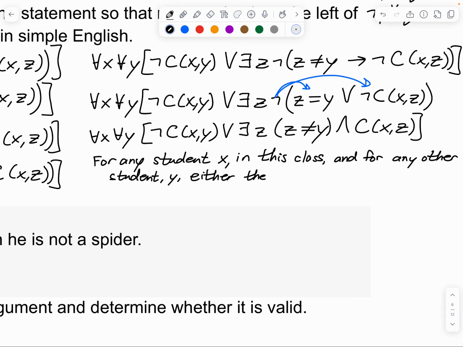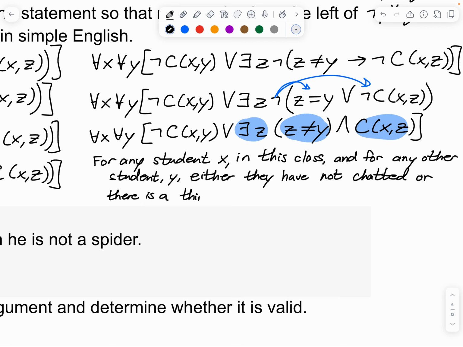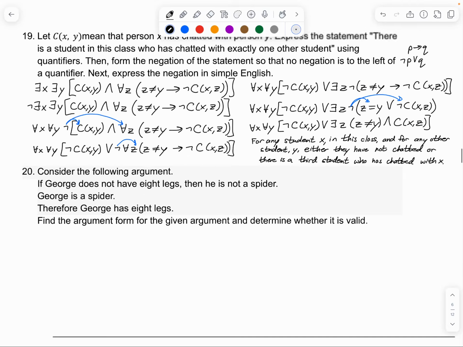Either they have not chatted, or there exists some other student who is not Y that has chatted with X, or there is a third student who has chatted with X.